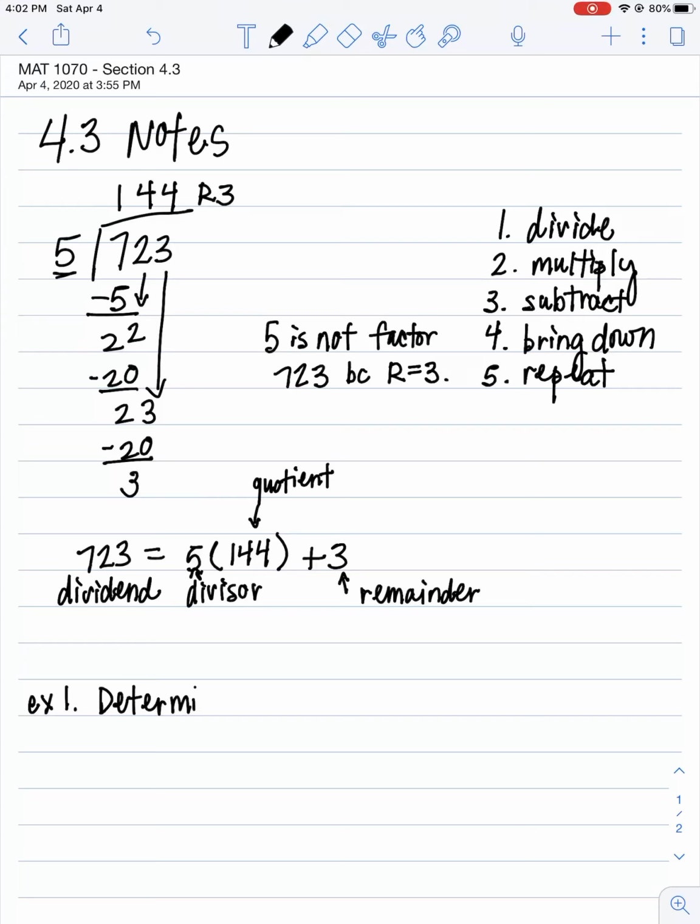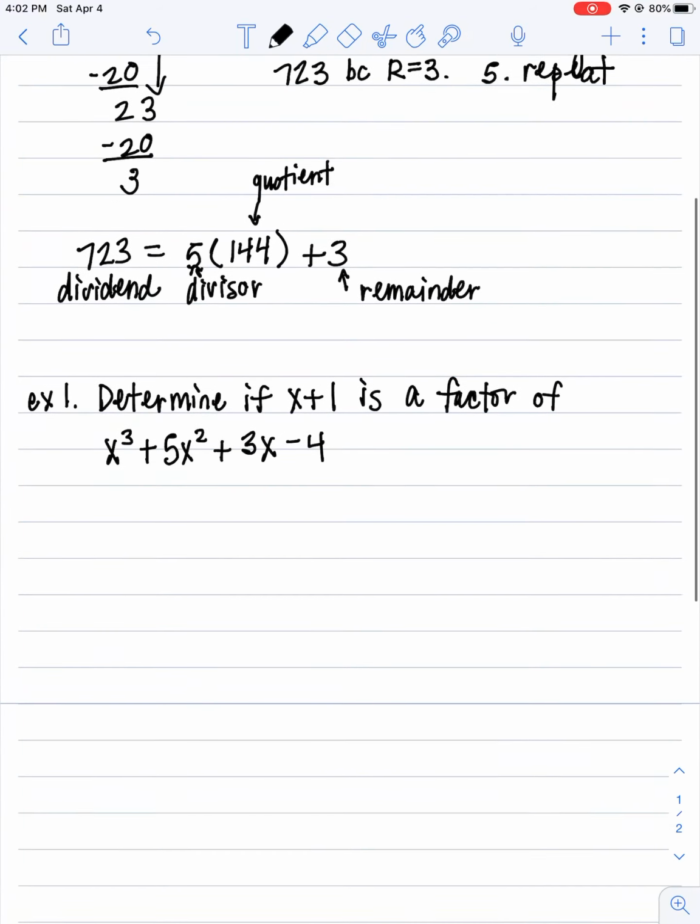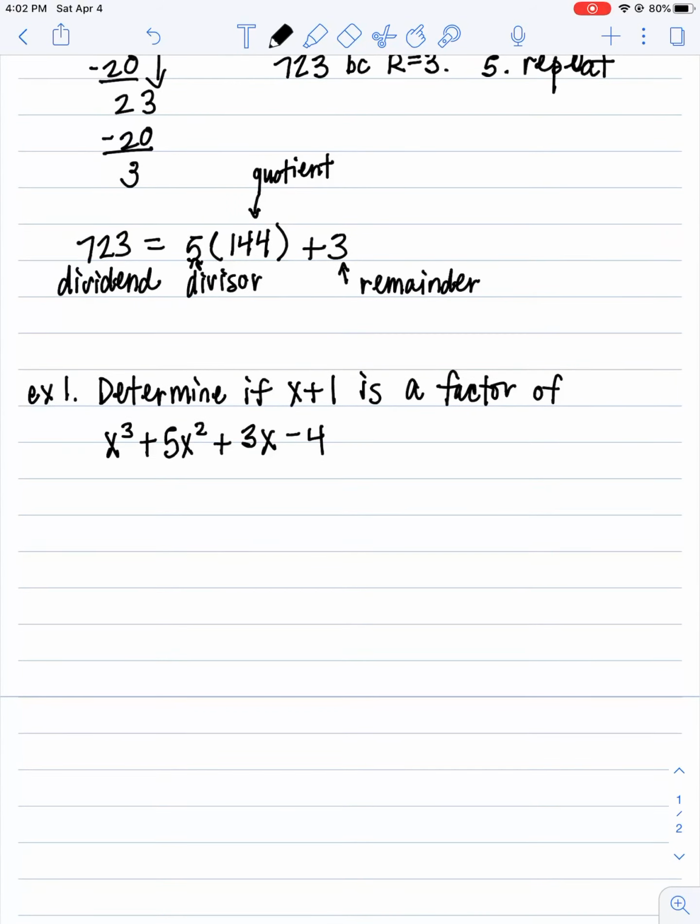Example 1, determine if x plus 1 is a factor of x cubed plus 5x squared plus 3x minus 4, okay? So let's take a look.